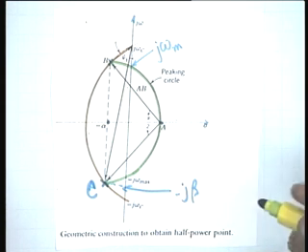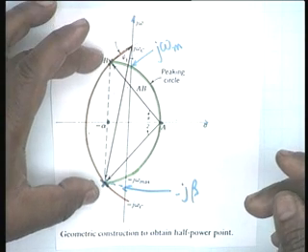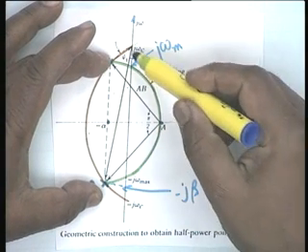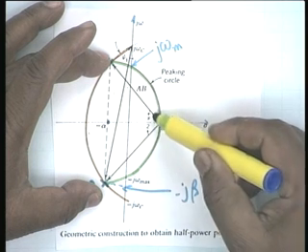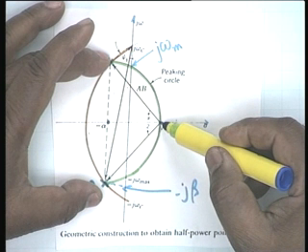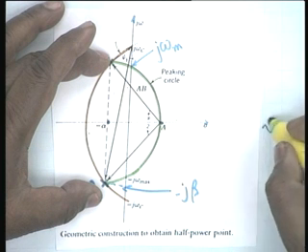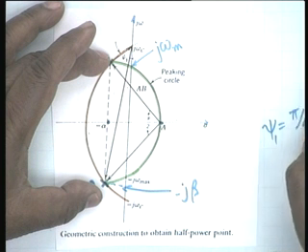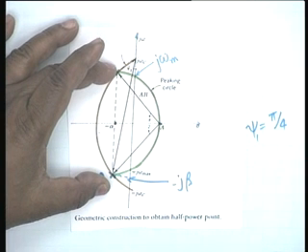The reason is that this chord BC subtends an angle psi 1 on the circumference and an angle pi by 2 at the center, and therefore psi 1 must be equal to pi by 4. Is this clear? A very elegant construction.